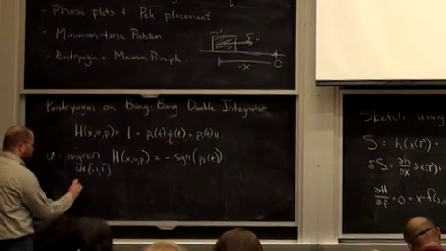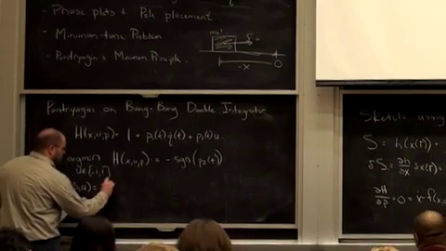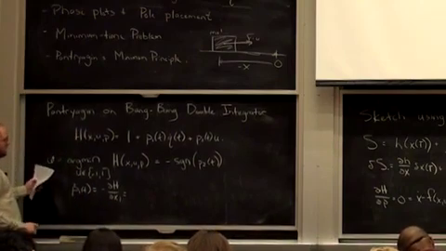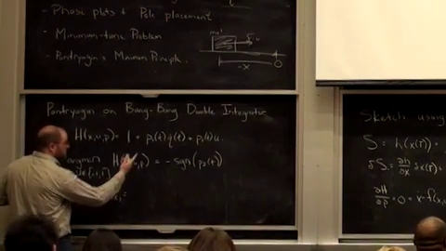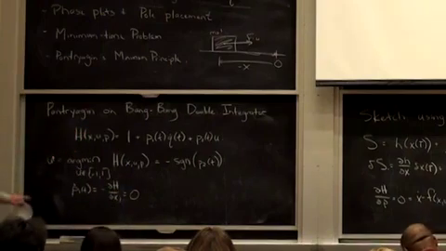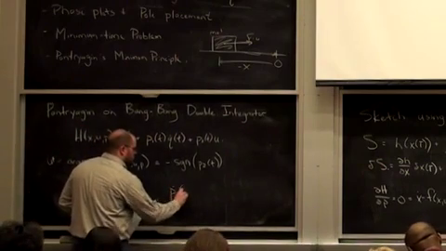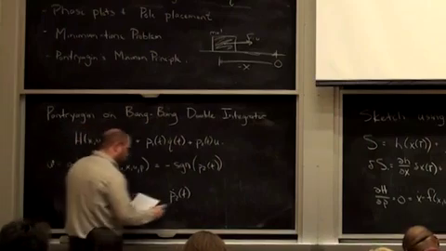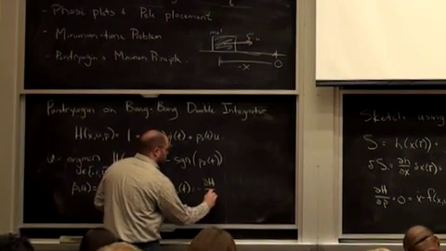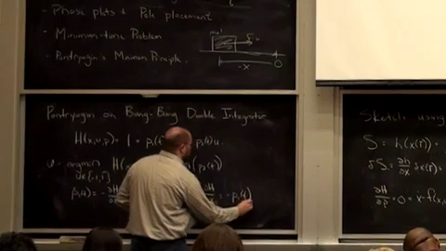My equations for p are pretty painless, right? So p1 dot is negative partial h partial x1. x1 is q, so it doesn't appear at all. That's 0. So that Lagrange multiplier isn't going to change at all. And p2 dot is negative partial h partial x2, and that's negative p1.